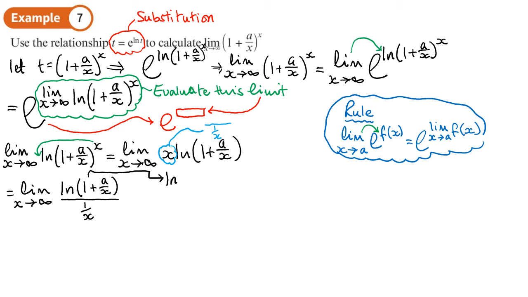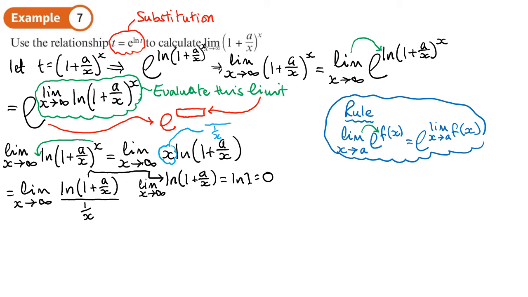So log of 1 plus a over x, and we're evaluating, well, what's this limit as x tends to infinity? As x tends to infinity, this will basically become 0. It doesn't matter what we've got at the top, you're dividing by a bigger and bigger number, it will tend to 0. So what we'll end up with is log 1, which will be 0.